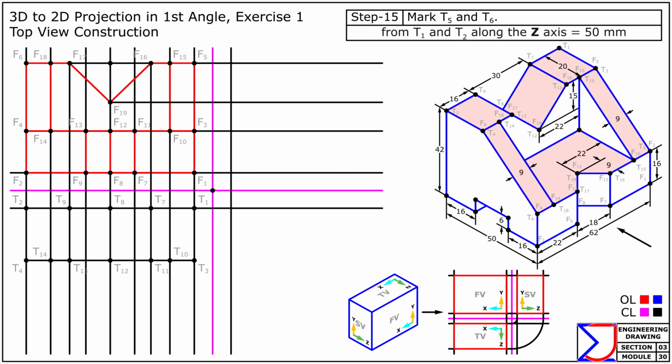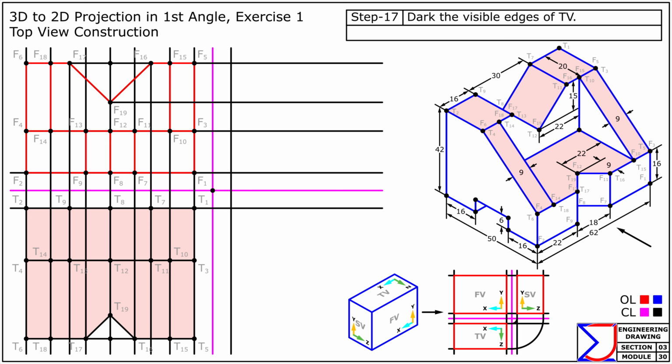Mark points T5 and T6, then join them. The intersections obtained are points T15, T16, T17, and T18. Mark point T19, then join it with T16 and T17.